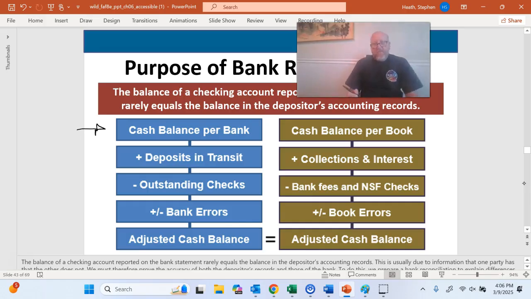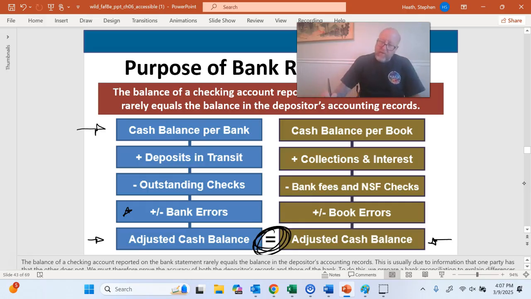We're adding deposits in transit. We are subtracting outstanding checks. And then rarely do we make changes related to bank errors. But then we have this adjusted cash balance. And the important thing to remember is that is going to equal, okay? That is going to equal the cash that we have available to us from the book reconciliation.